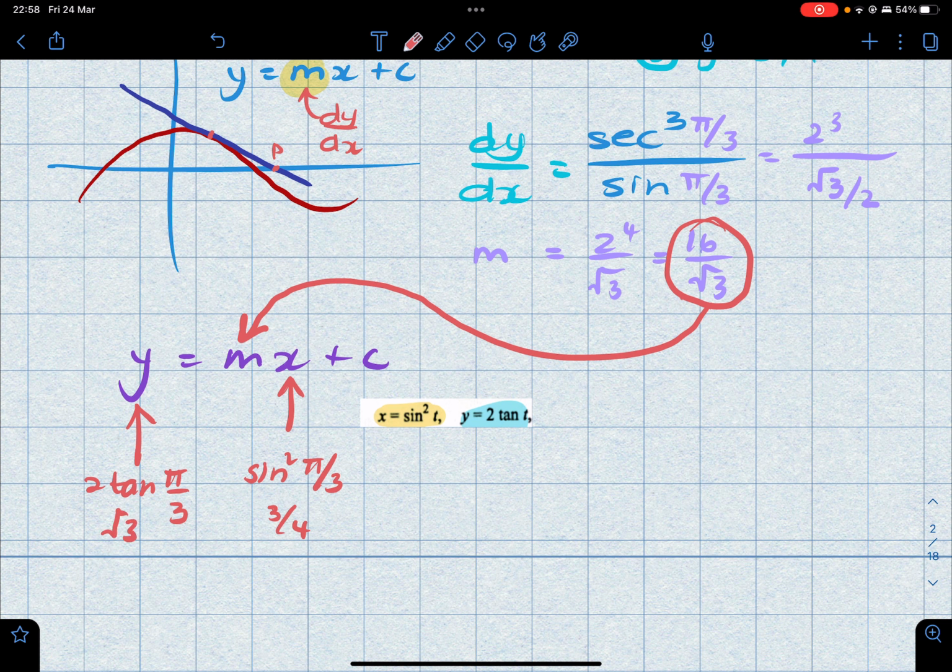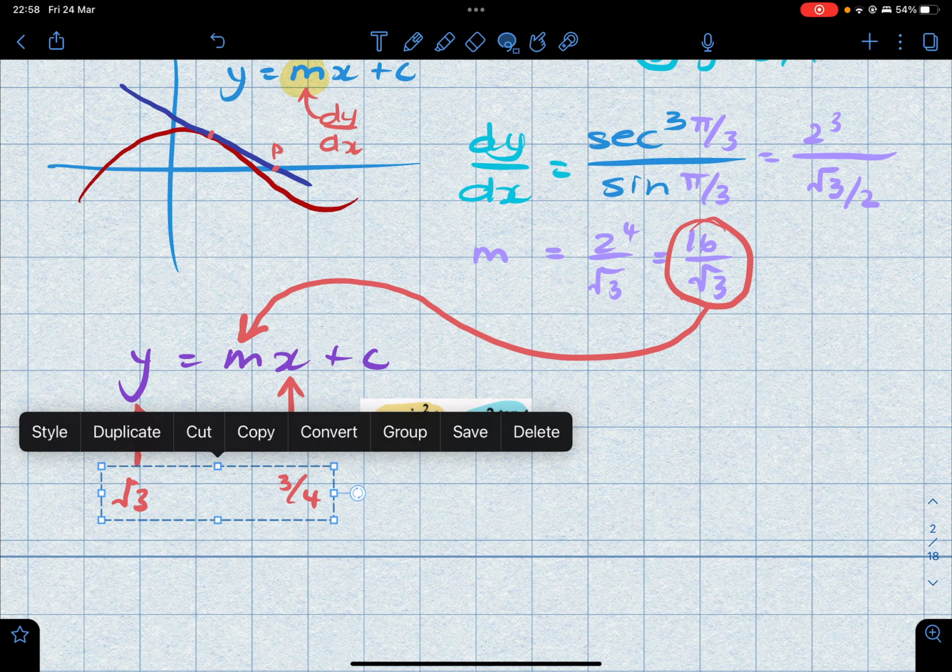So you can just substitute these values in there.